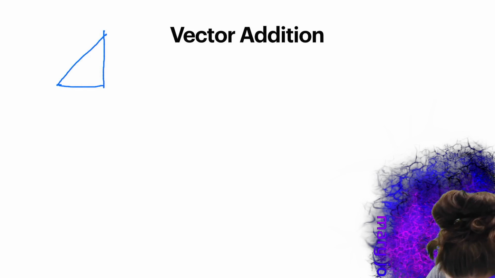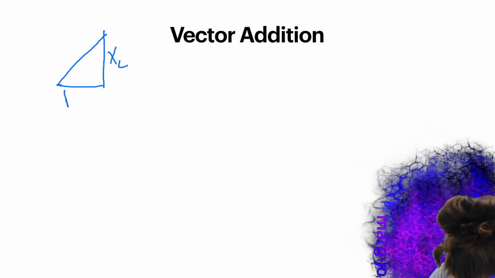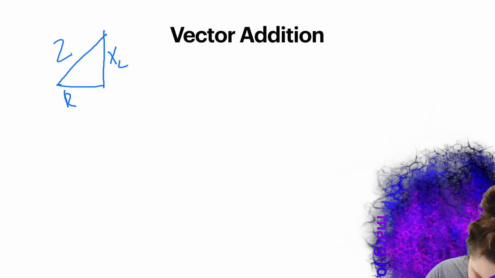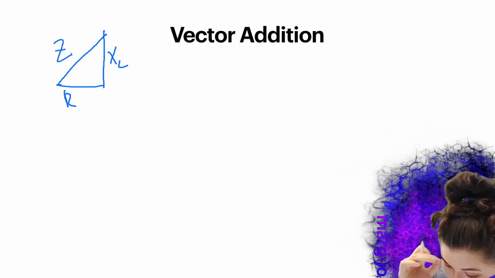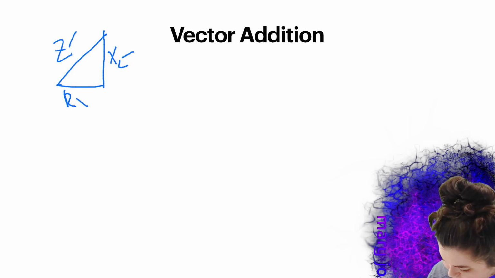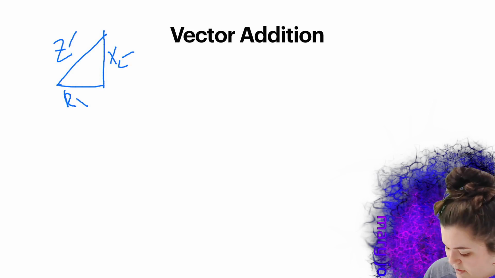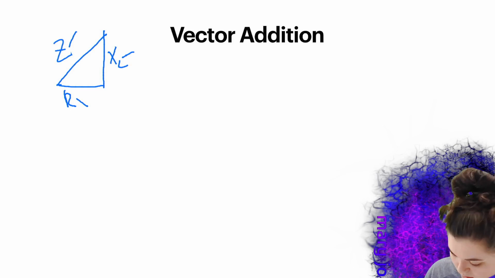On this side, we have inductive reactance. This side, we have resistance. And this side, we have impedance. Okay? So, inductive reactance, resistance, impedance. The resistive and inductive reactance form the two legs of the right triangle, and the impedance is the hypotenuse.